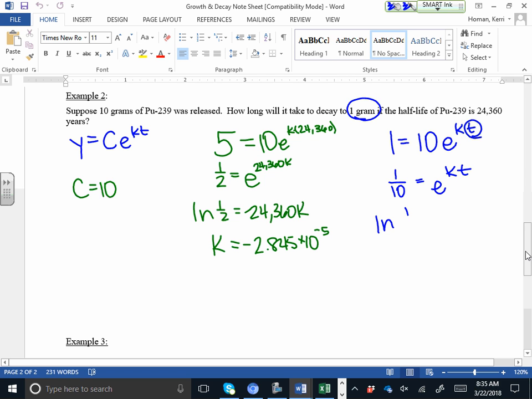The natural log of 1/10 is going to equal kt. So our time is the natural log of 1/10 divided by k, which I have stored in my calculator, and I can just recall it from there, right? You can say second answer, or some of you have the 84s where you can just arrow up and hit it, whatever you need to do.